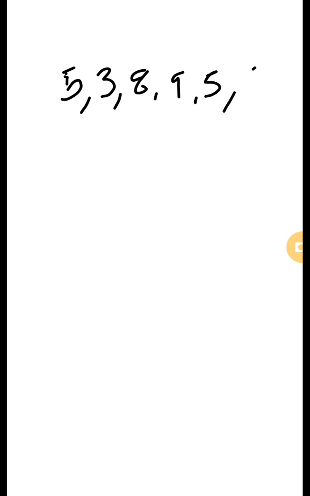So, let's just see how mode is calculated, right? Let's just take an example where the data is discrete. For example, 5, then 3, then 8, 9, 5 and 6.